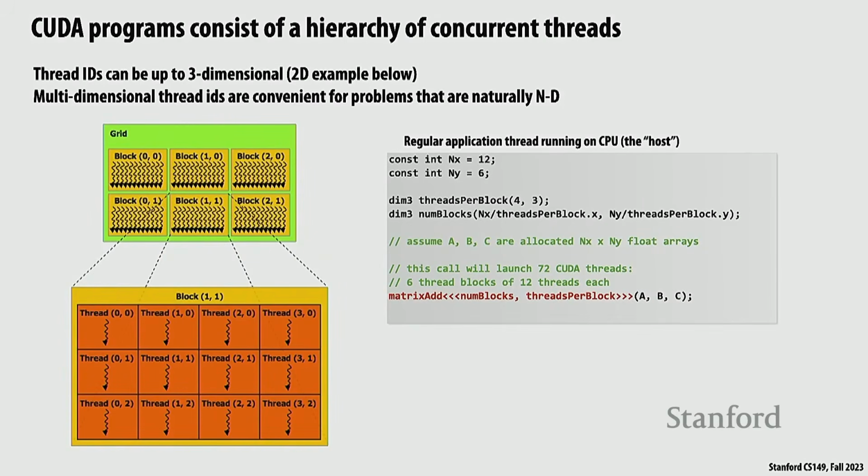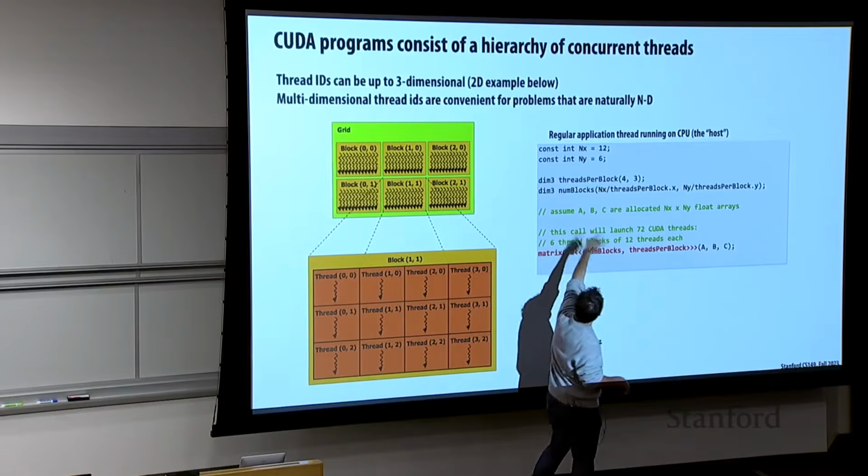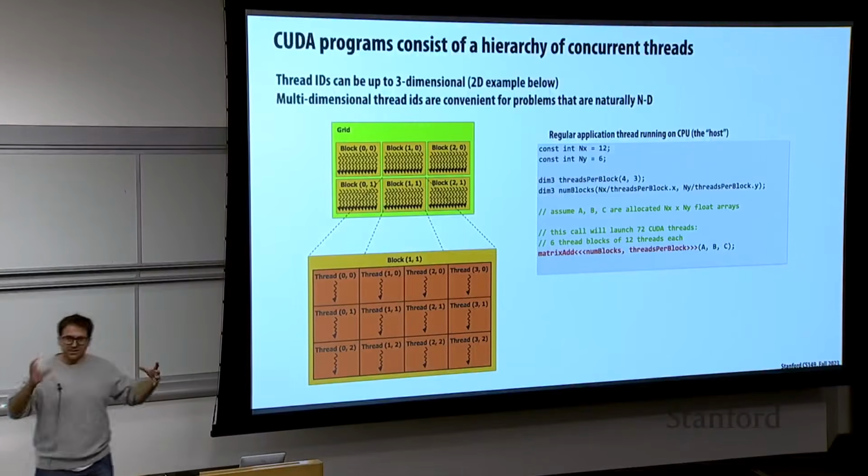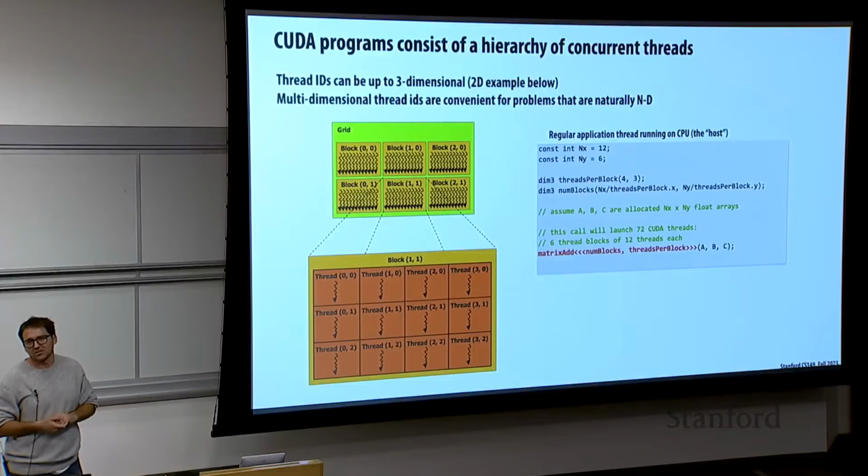And the one additional detail is that the instances are grouped into blocks. So what this code does is create thread blocks of size 4x3 threads, so I'm getting 12 threads per block. And the number of blocks I'm creating is 12 divided by 4 and 6 divided by 3. Imagine I'm going to element-wise add 2 matrices that are each of size 12 by 6.